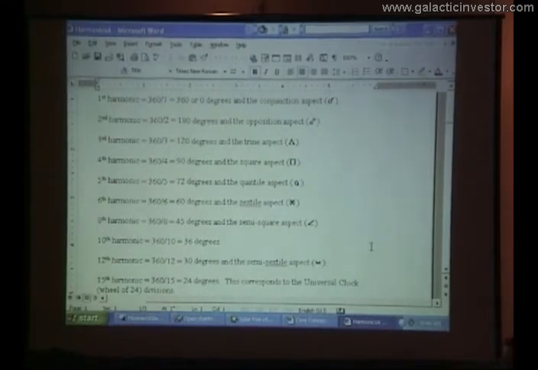When there's a 135-degree aspect, I recommend the 45 setting. The reason is that 135 does not go evenly into the circle of 360, but 45 does. And 135 is a multiple of 45. It's 45 times 3. So I recommend that setting.